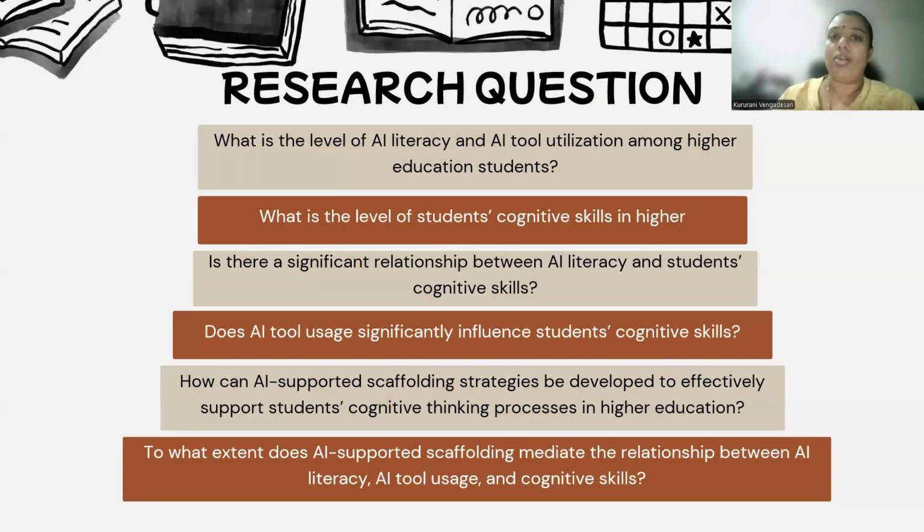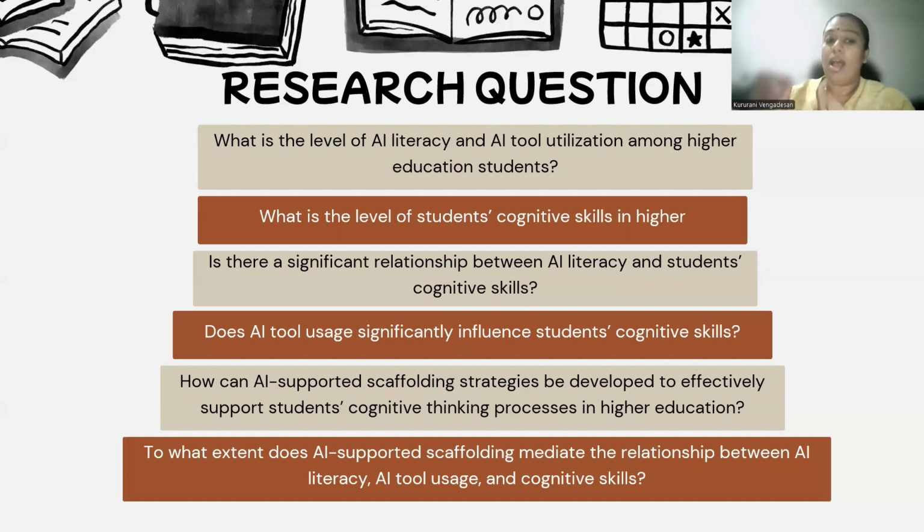Then, based on the research objectives, I have come up with six research questions to guide this study. The first one is, what is the level of AI literacy and AI tool utilization among higher education students? The second is, what is the level of students' cognitive skills in higher education? Third, is there a significant relationship between AI literacy and students' cognitive skills? The fourth is, does AI tool usage significantly influence students' cognitive skills?